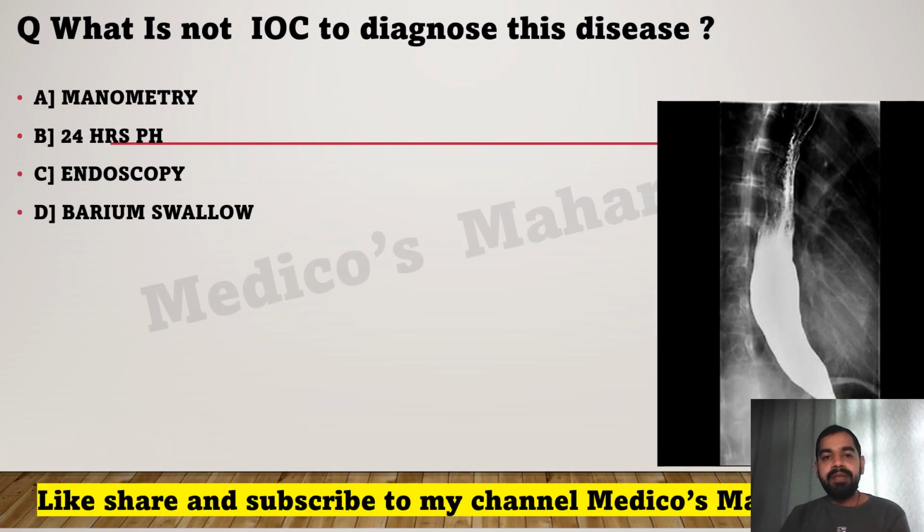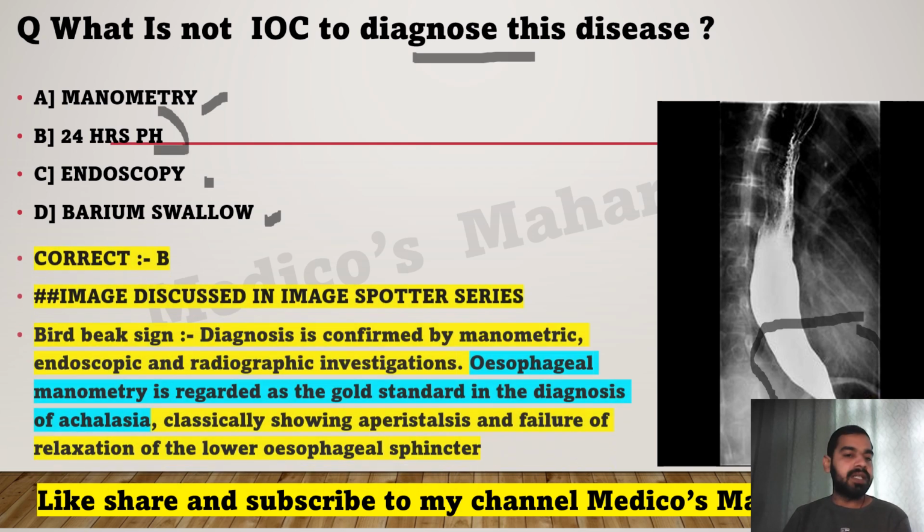What is not an investigation of choice to diagnose this disease? My dear friends, here you can see this appearance is bird beak sign, and it is best diagnosed with manometry, then endoscopy, and then barium swallow. But 24 hours pH is not an investigation of choice for diagnosing this condition.